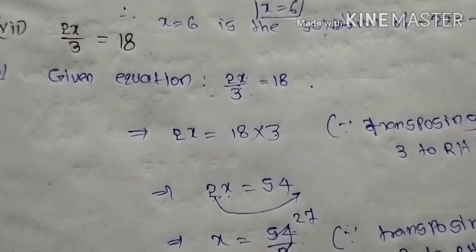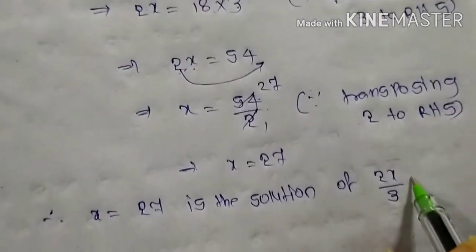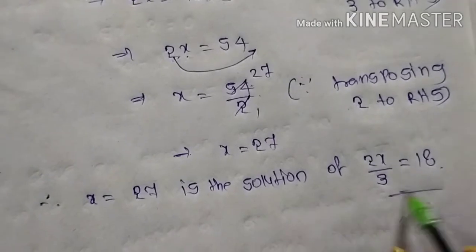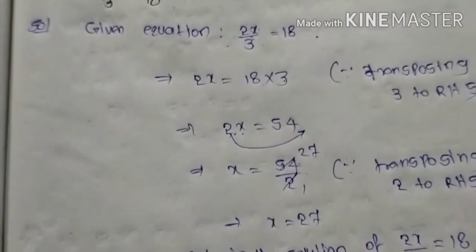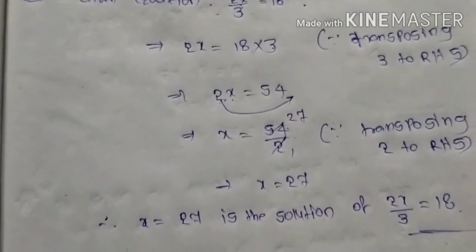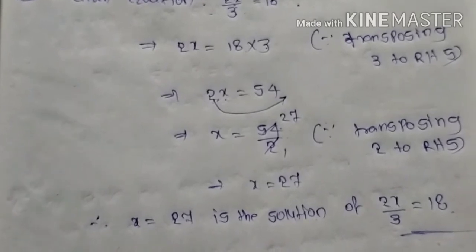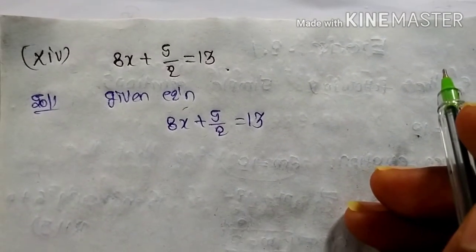Your question only, 2x by 3 is equal to 18. This is your answer. Very, very easy exercise in this chapter. You can do the remaining sums. Now you can see here another question.